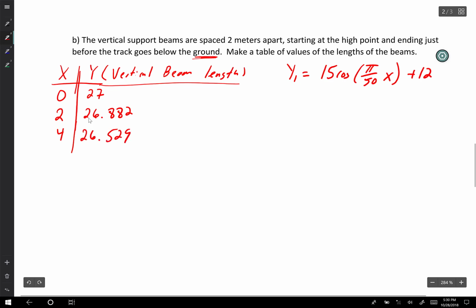And this is all in meters, by the way. 6 is 25.947. 8 is 25.145.